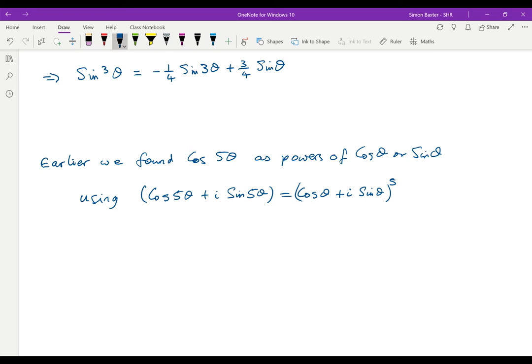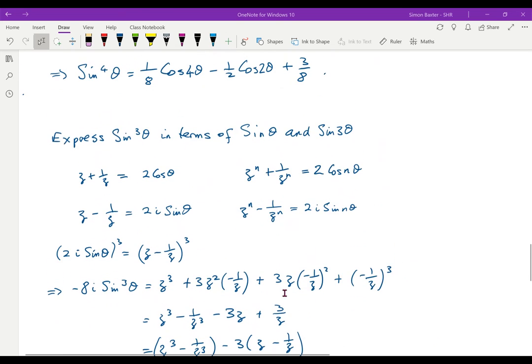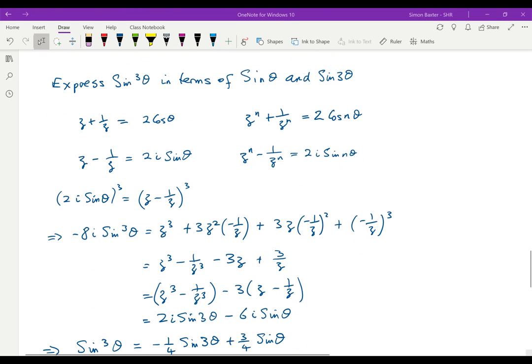It is a different technique. Cos 5 theta, cos 6 theta, sine 7 theta, sine 3 theta, you must start here. Cos to the power 5 theta, sine to the power 3 theta, sine to the power 7 theta, you must start here.